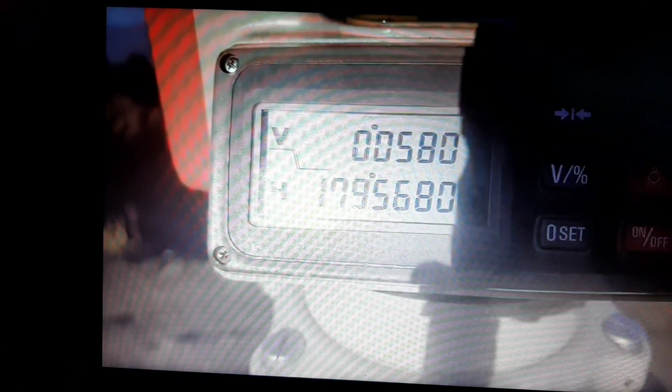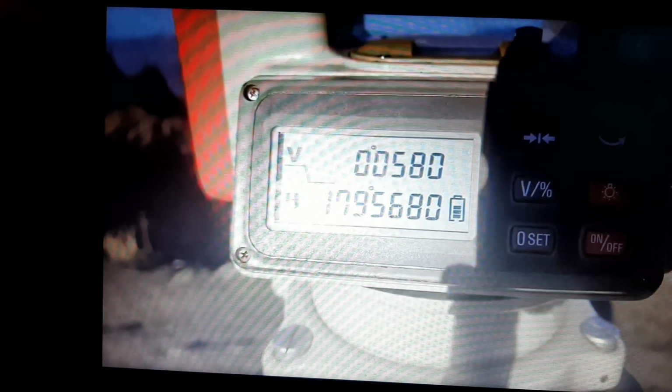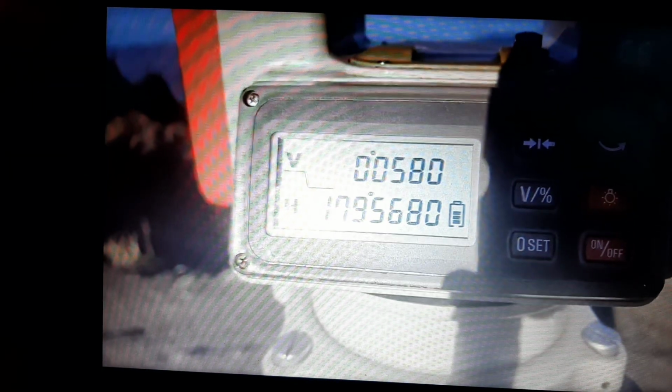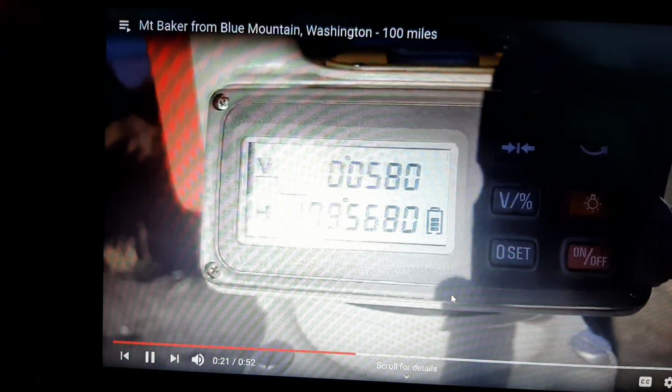Here's Mount Baker, viewed from about 6,000 foot elevation, at a distance pretty far away. And the angle is positive 0.058 degrees up from eye level. And I am right on the peak of Blue Mountain above Port Angeles.